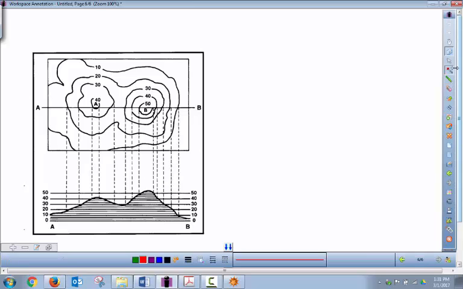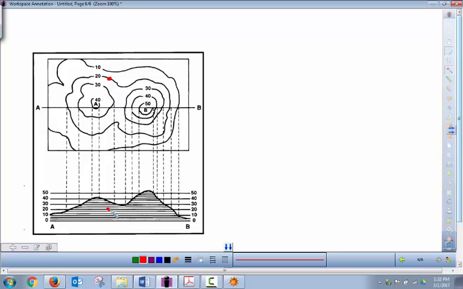If you had your contour map out and you find yourself standing over here, you can say that your altitude is about 20 meters up on the mountain.